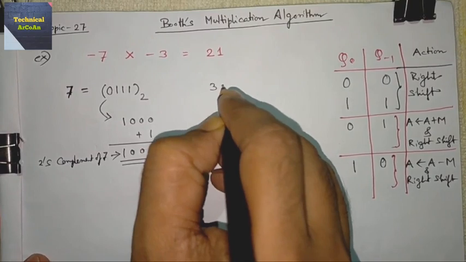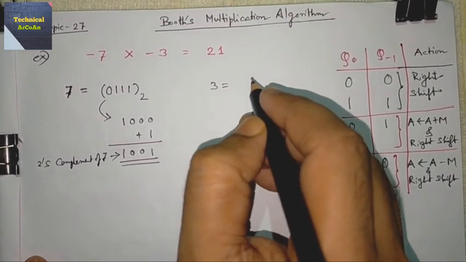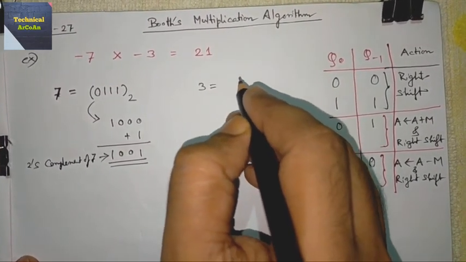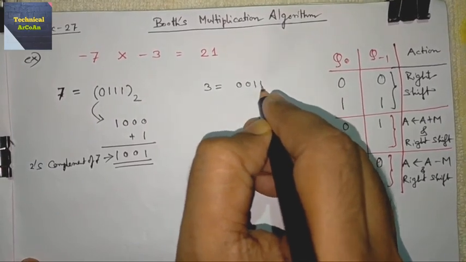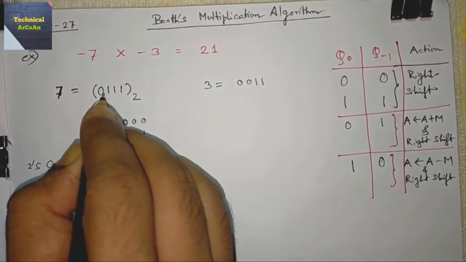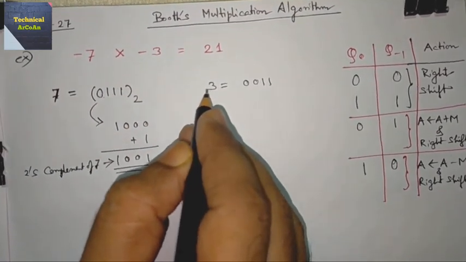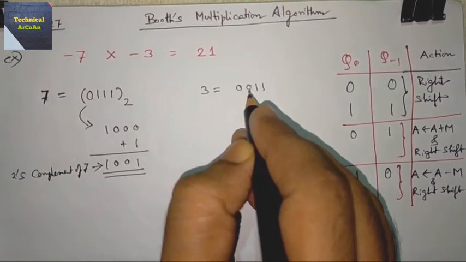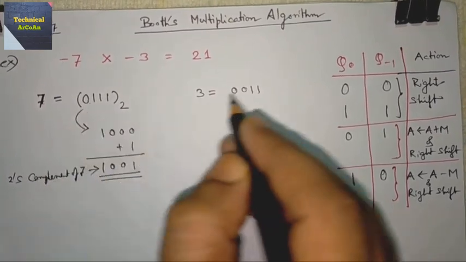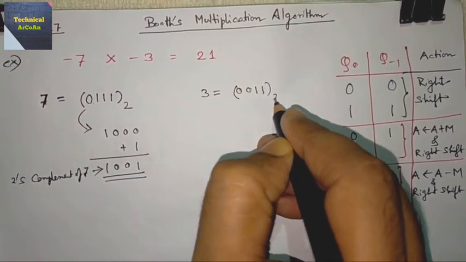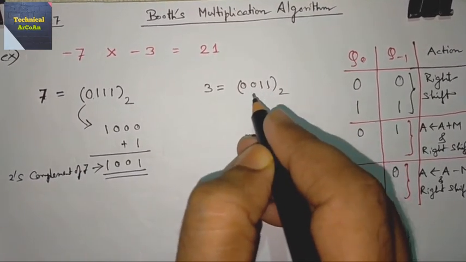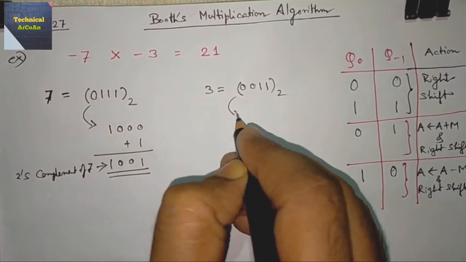Similarly, plus 3, if we write it in binary, we get 0 0 1 1. Both numbers, 7 and 3, are represented in 4 bits, with the most significant bit as 0 in both cases. So plus 3 will be represented in that way, and minus 3 will be the 2's complement of that.